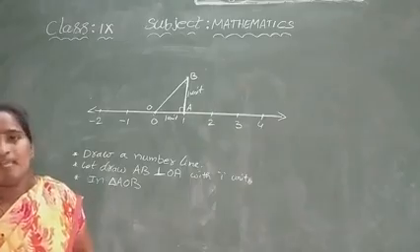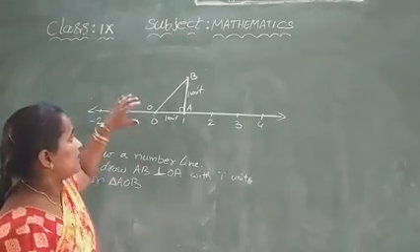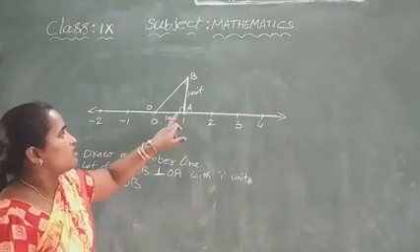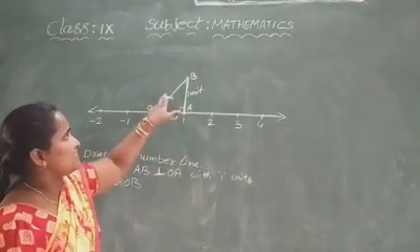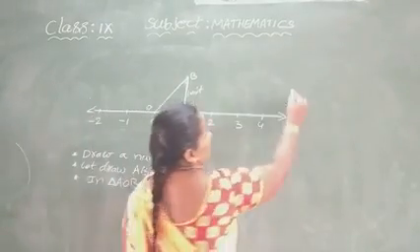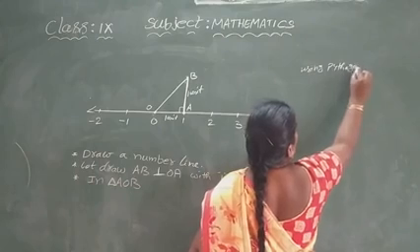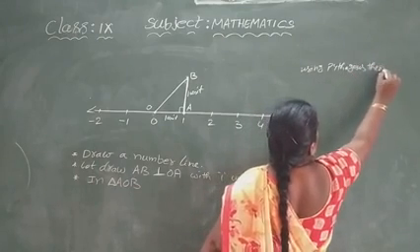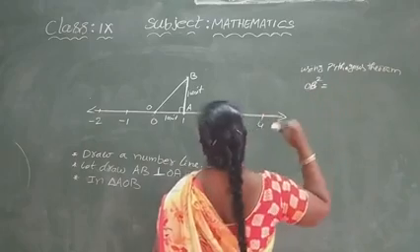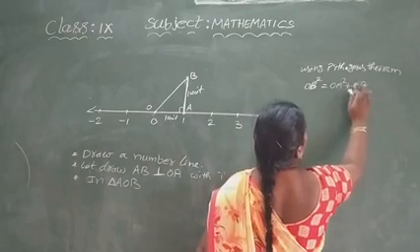According to the Pythagoras theorem, in this isosceles right angle triangle, which one is the hypotenuse? Which side is opposite to 90 degrees? The right angle is here, and the opposite side is OB. Using the Pythagoras theorem, hypotenuse square, that means OB square, is equal to OA square plus AB square.